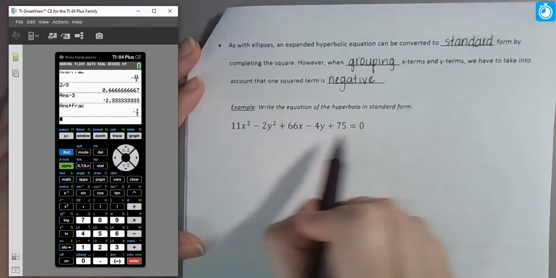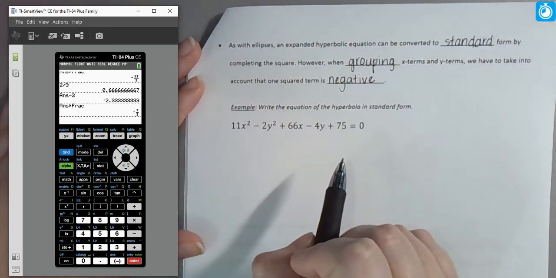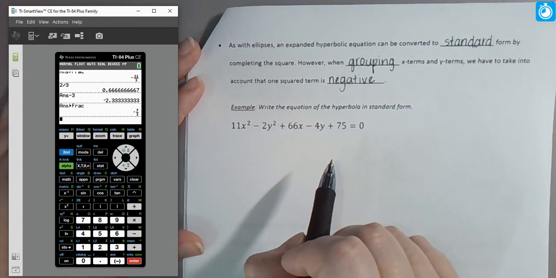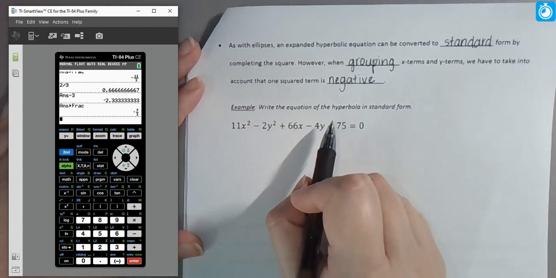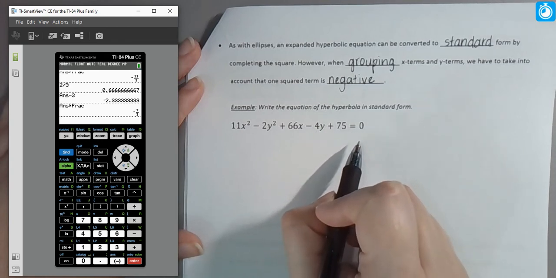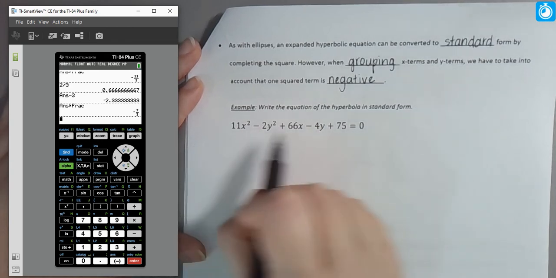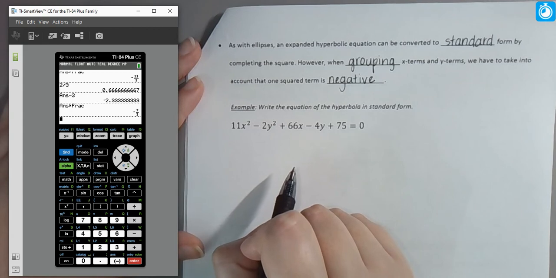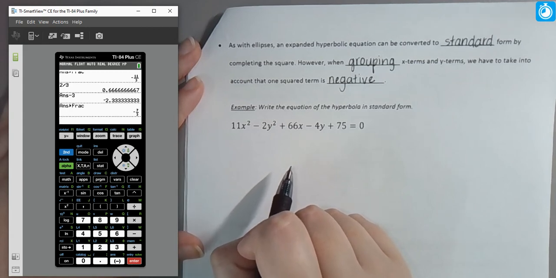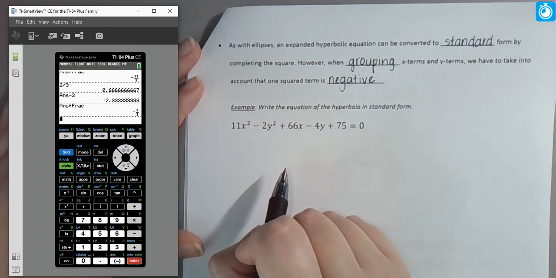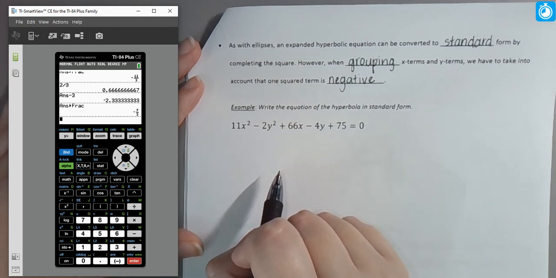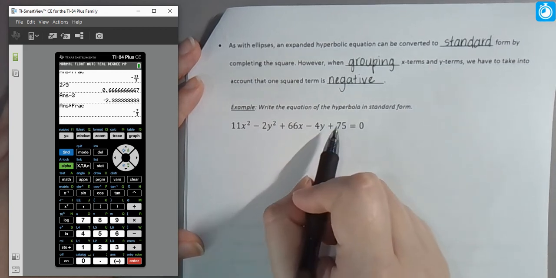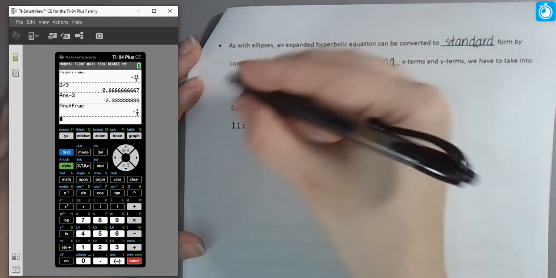Okay, so we want to write the equation of this hyperbola in standard form. And we're going to take the same approach as we did before. So first thing I want to do, move my 75 over, so I only want variable terms on the left-hand side. And I also want to go ahead and rearrange terms so that my x's are grouped together and my y's are grouped together. And I'm not going to put parentheses in yet, I'm just going to rearrange and then move that 75 over.